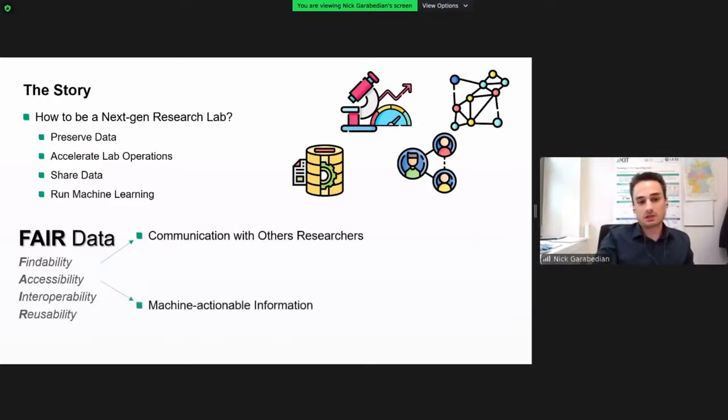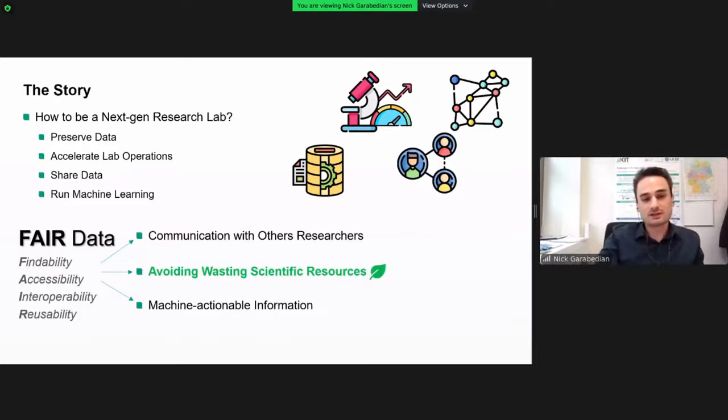The information and the data that is provided in a fair manner becomes machine actionable. And last but not least, something that I see not mentioned often enough, I think, is the fact that once data is organized better and it's more findable, then the need for repeating already performed experiments goes down. Thus, we avoid wasting very valuable scientific resources.